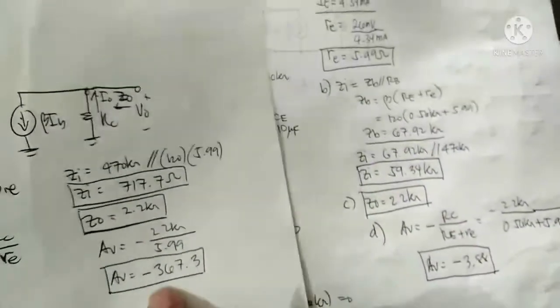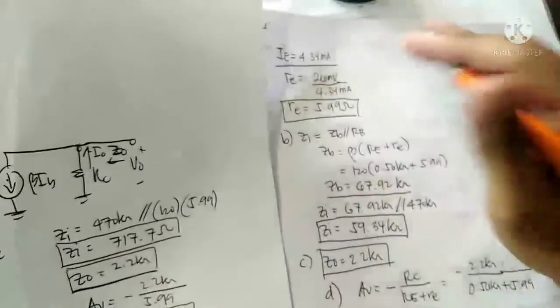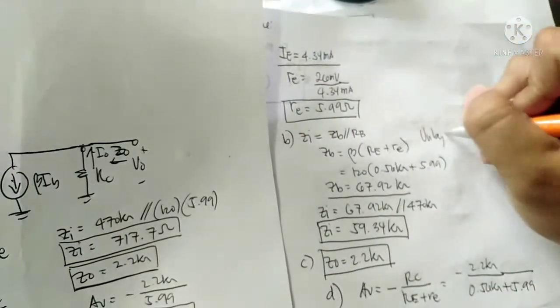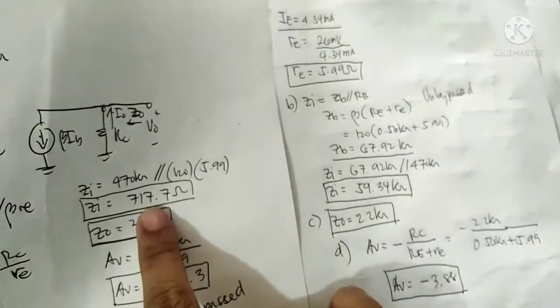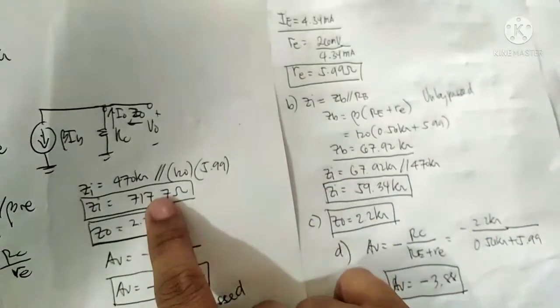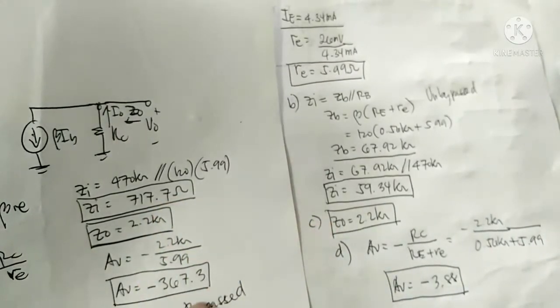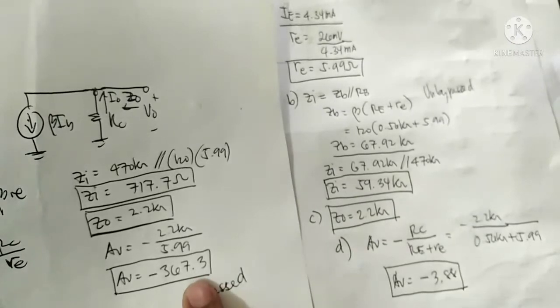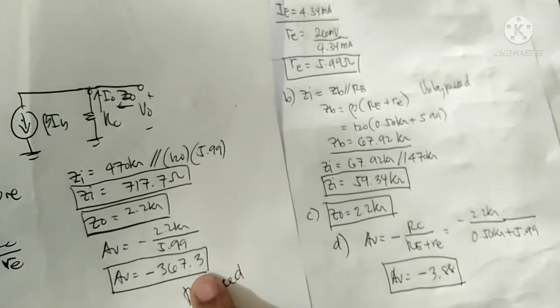So if you compare the results, these values are for the bypass, with the capacitor, and these values are for the unbypassed. If you look at the input impedance, the unbypassed is greater compared to the bypass, the same output impedance, but the gain of the bypass is much greater.